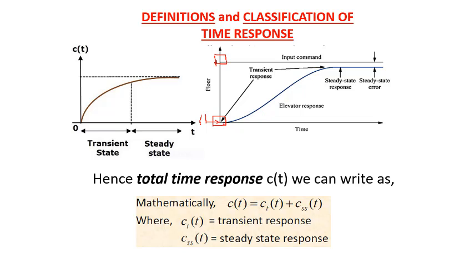So in the beginning the response will be slow as it tries to reach the output. Here the output is the input command of reaching the 4th floor. By the time it is near the 4th floor, the speed reduces and it settles at the point of our elevator response.